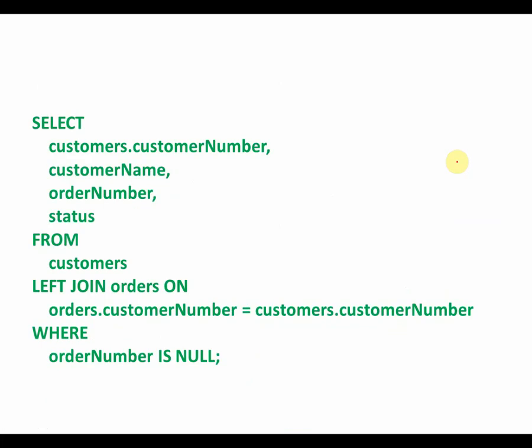An example in our case, the classic models database, is performing a left join on the customers table, which is the first table, and the orders table, which is the second table.